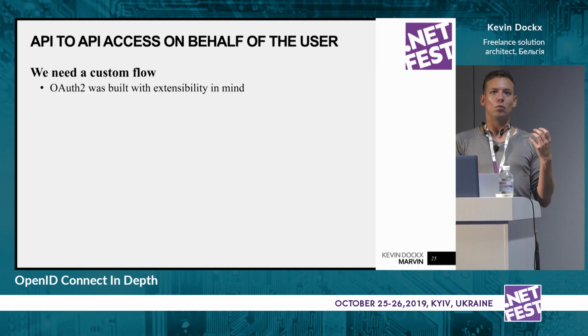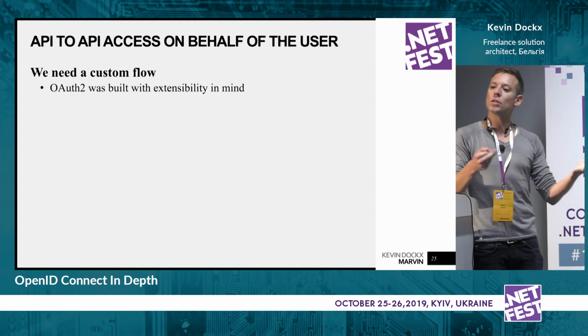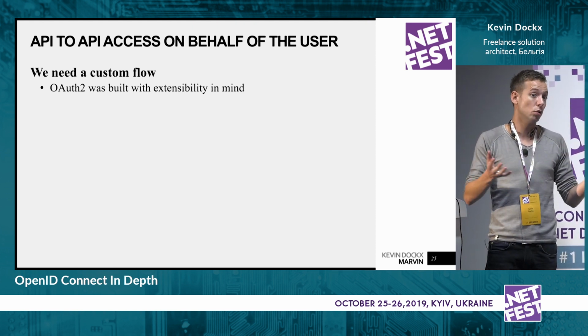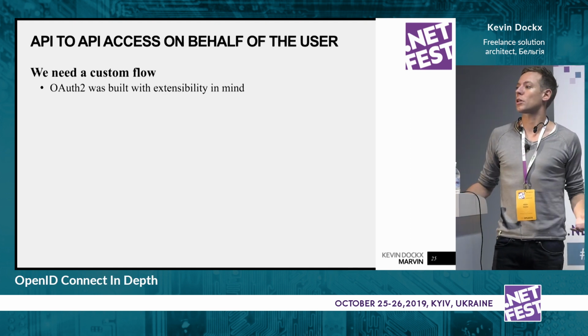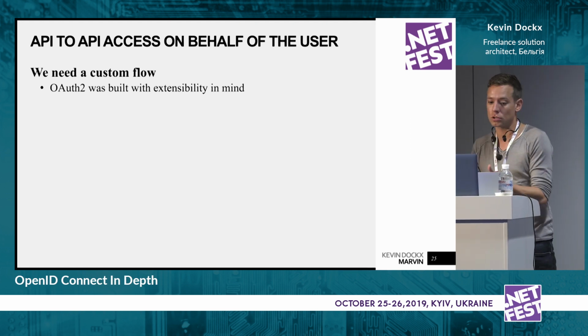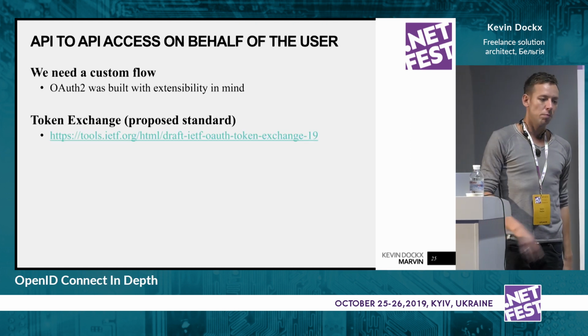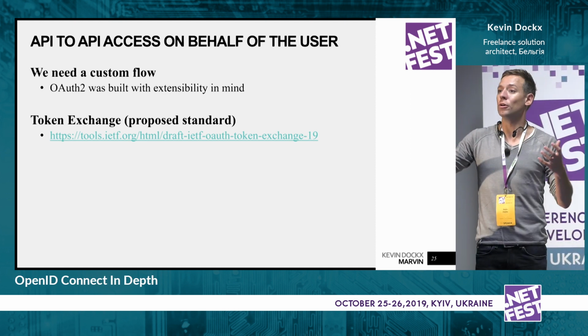So OAuth 2 was actually built with extensibility in mind. The basic flows that are there, let's say OAuth 2 and OpenID Connect, they're good for basic use cases. But if you need a use case like this, well, you automatically end up in a custom grant or a custom flow. But that doesn't mean we should just start making up flows.